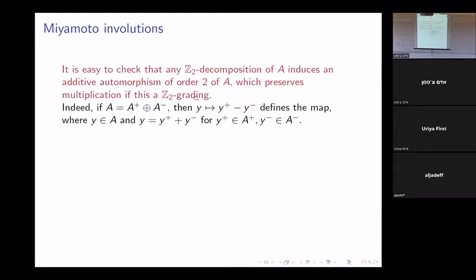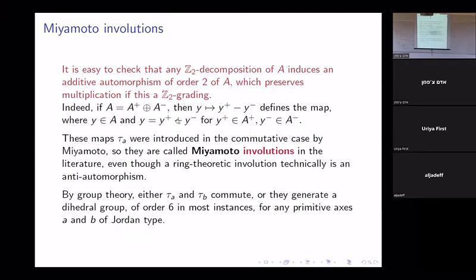And then since this is a 2 grading, it's very easy to check. Everybody who's ever worked in group algebras probably knows that this is an automorphism of degree 2. We just switch the sign of the extra component.